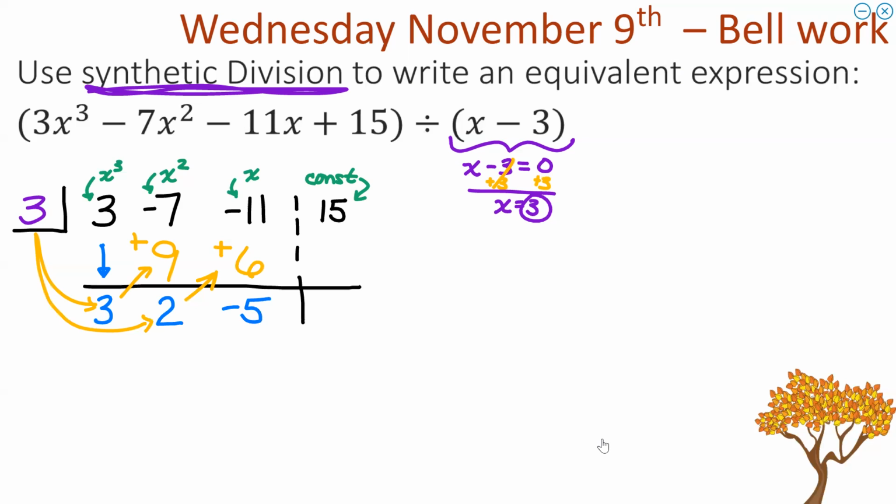What next? Yep. 3 times -5. So I have -15, which I add to the value up above. And I get what? 0. What do I call that 0? That is my remainder.